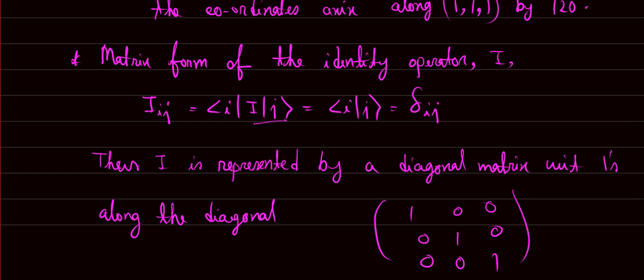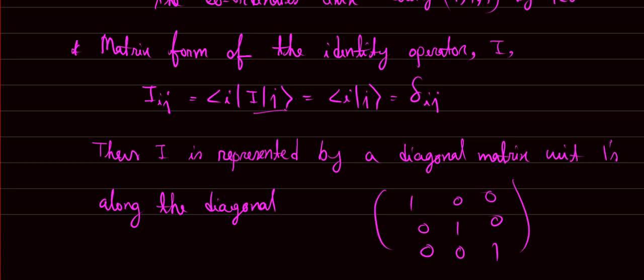So the identity operator is represented by the identity matrix.